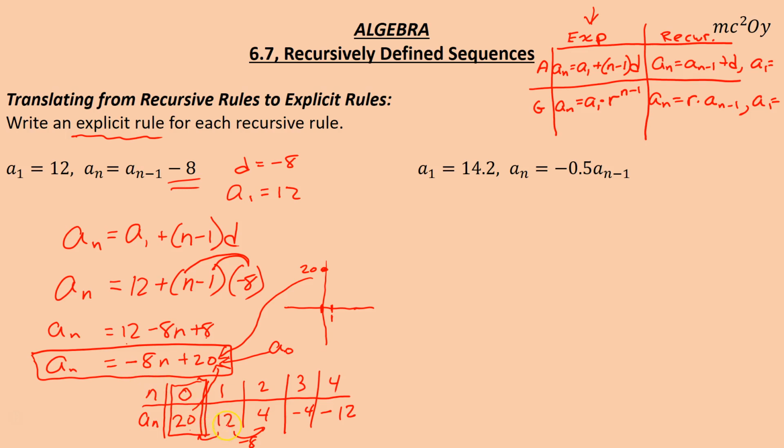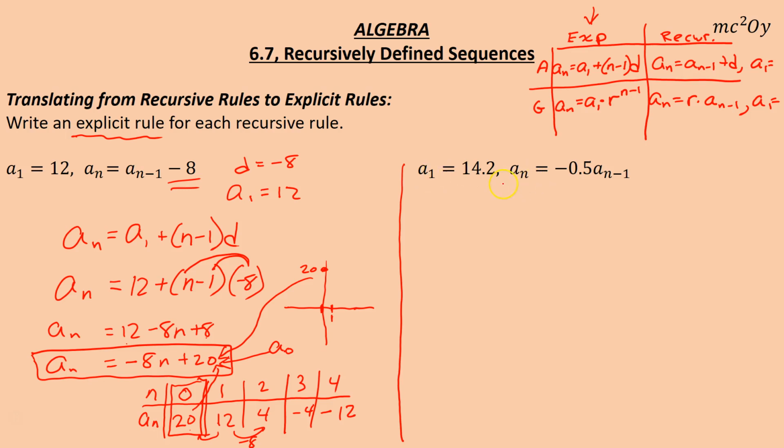I add negative 8 to it, and now I'm at a sub 1. That is a key piece of information. That's important when you're dealing with the explicit equations for arithmetic sequence. It won't matter at all with the geometric. So we'll use that later.